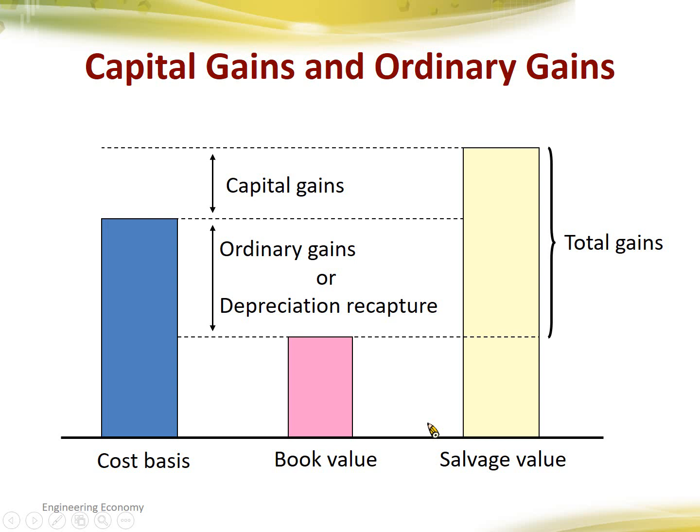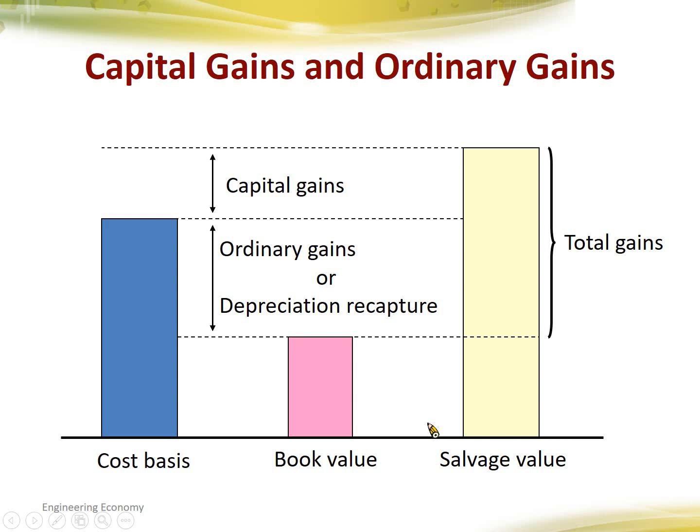This amount you need to pay income tax. It's called depreciation recapture. The amount above cost basis needs to pay a different tax. It is considered as capital gain, and you will pay a fixed tax. Usually it's quite high. In the examples that we have, we always put 40% here.